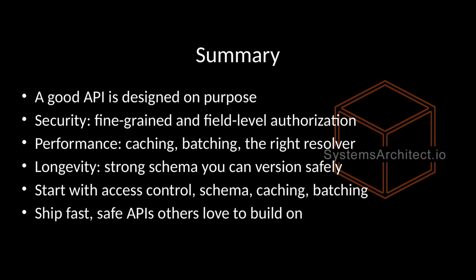Start with the high-impact basics like access control, schema design, caching, and batching, since those protect and accelerate every query. Get these right and you will ship a GraphQL API that is fast, safe, and a pleasure for other developers to build on.